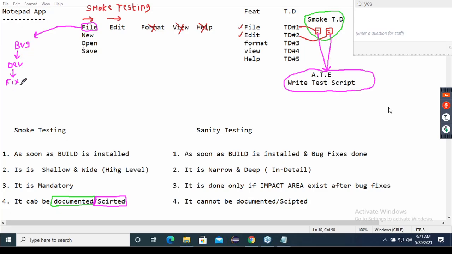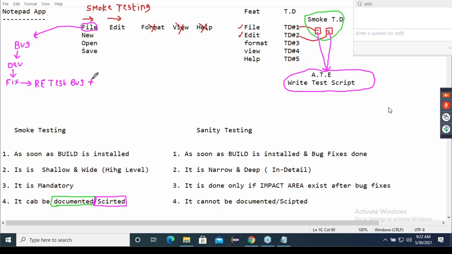Now, guys, once the developer fixes this bug, the test engineer is going to retest the bug, correct? Retest the bug plus what?